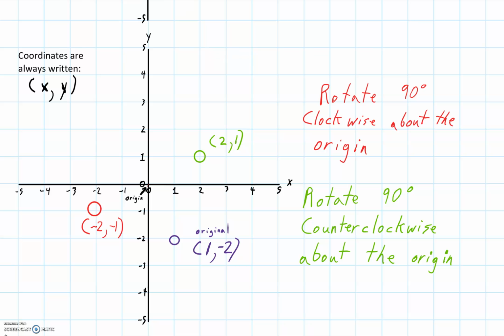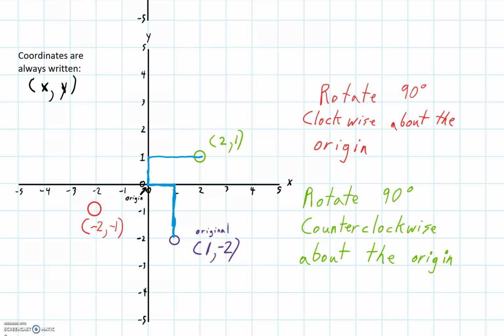So there are things to notice here, but this is what I want you to pay attention to the most. You can see that the amount away that we are from the origin has stayed the same. 1 to the right, in this case, and 2 down. And on the other one, it's 1 up and 2 to the right. On the other one, it's 1 down and 2 to the left.